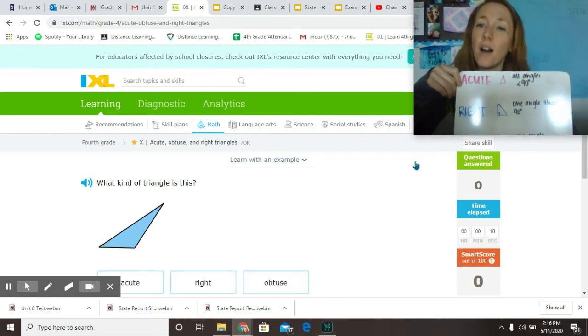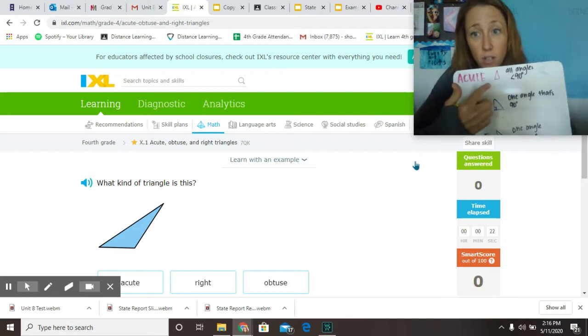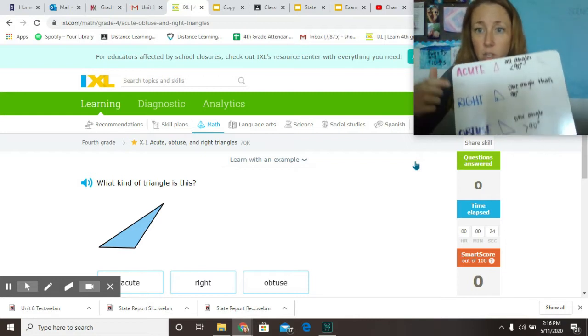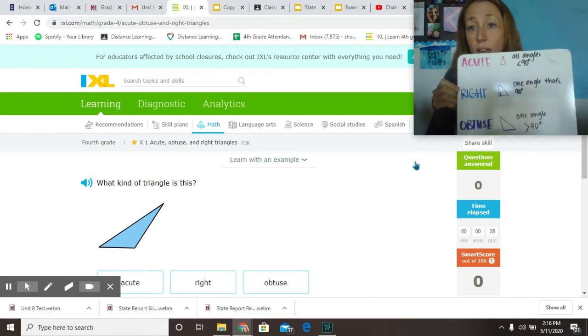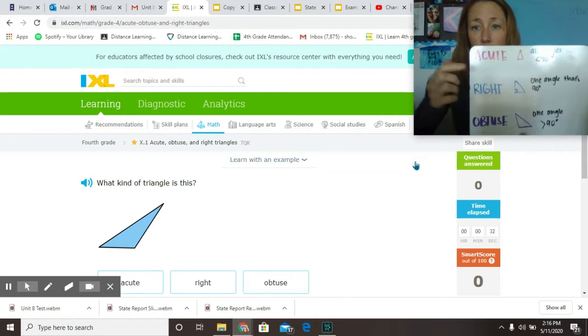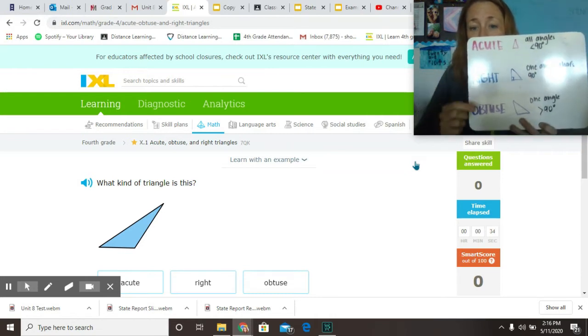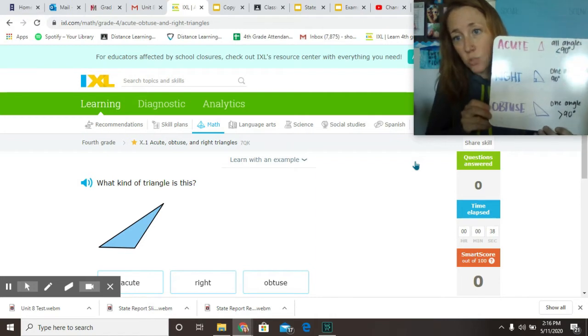So we always say, aw, cute, because they're small. So all the angles are smaller than 90 degrees. Second type of triangle is a right triangle. A right triangle has one angle that's exactly 90 degrees. It'll have a little box in the corner, so you know it's 90 degrees. The last type of triangle is an obtuse triangle, and that has one angle that is greater than 90 degrees.